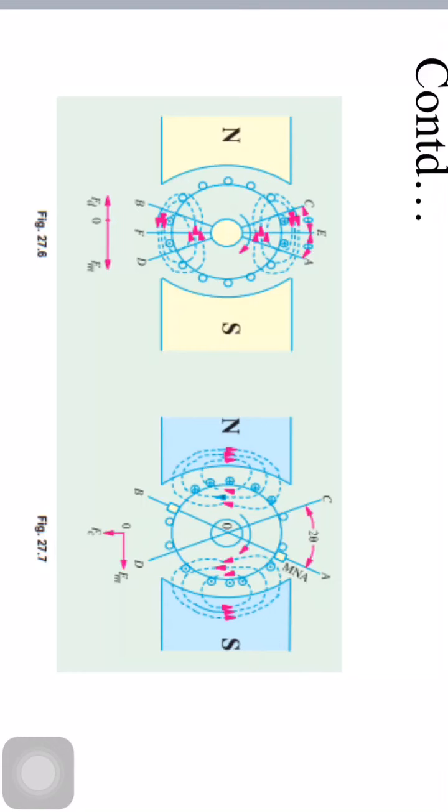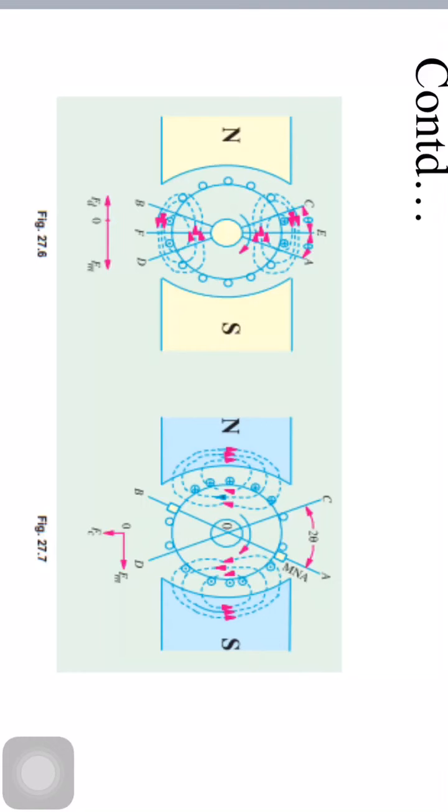Next one, observe clearly in the diagram, the armature conductors on either side of GNA produce flux in direct opposition to main flux.